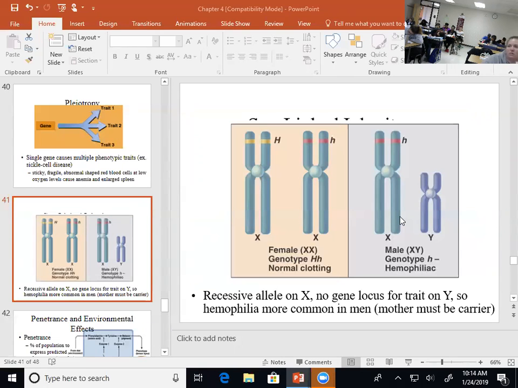So I want you to think about a baby. If this baby has a little Y chromosome, and we know it's an X form, it looks like an X, doesn't it?